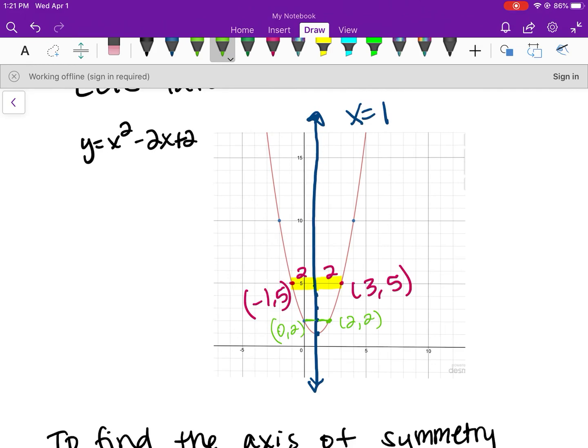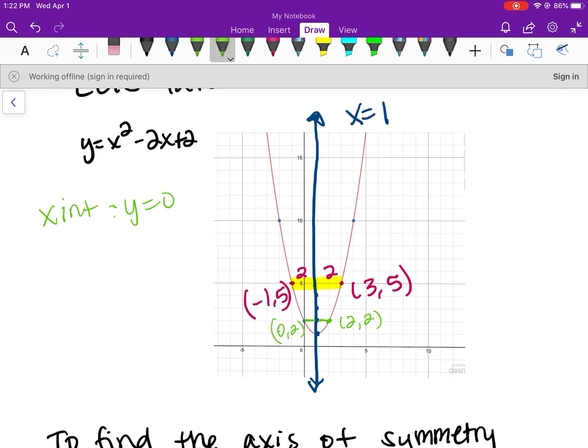Why? Because an x-intercept is when y equals 0, so the x-intercepts have the same y value. Therefore, the x-intercepts will be equidistant to the axis of symmetry.